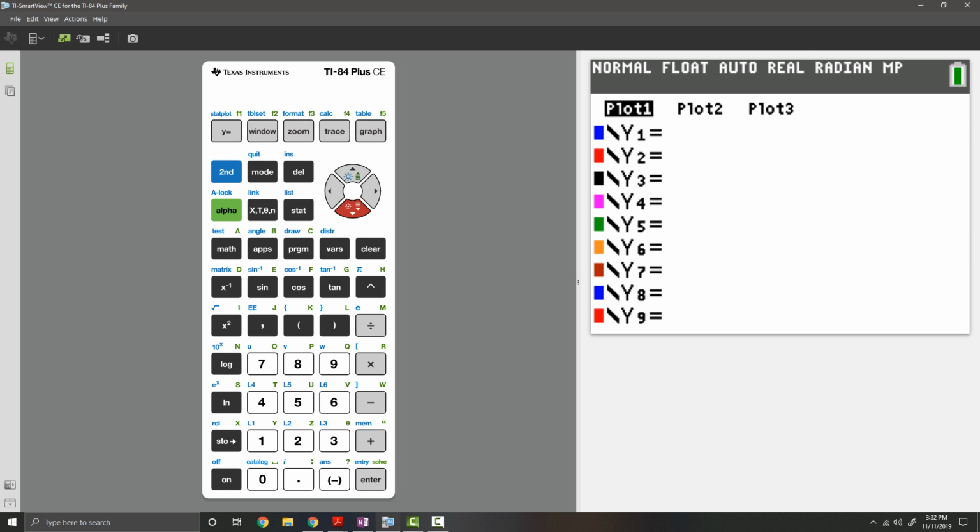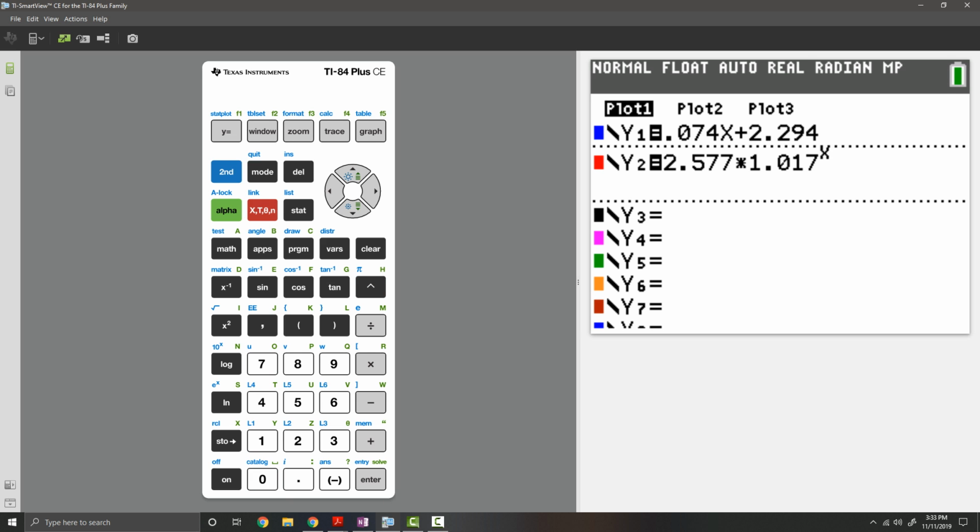And then for y1, I'll put the linear function, 0.074x plus 2.294. And for y2, I'm going to put the exponential regression, which was 2.577 times 1.017 raised to the x power, right?